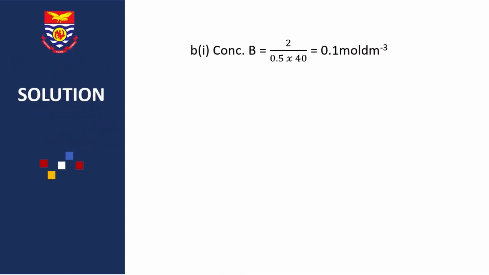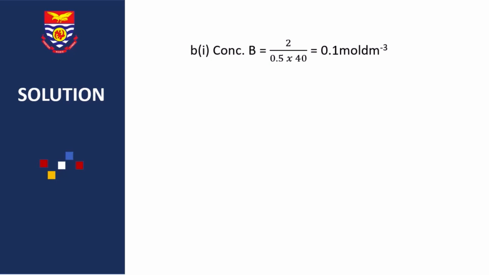The first task was to find the amount concentration of B. In the question, we have been given enough data to find that. We have been given the mass, which is 2 grams, and the volume, which is 500 cubic centimeters. And we can find the molar mass, which is 40.